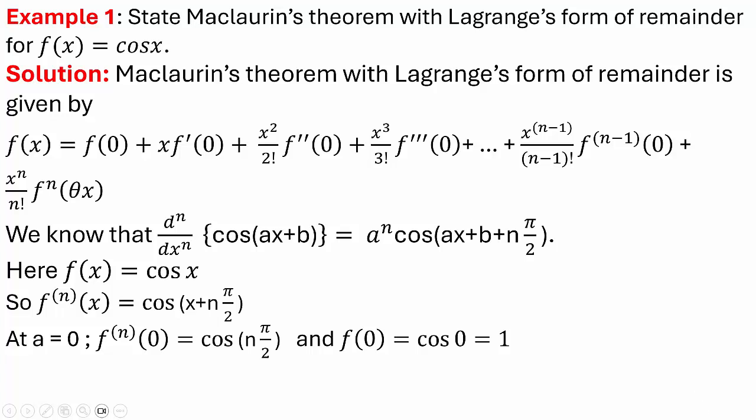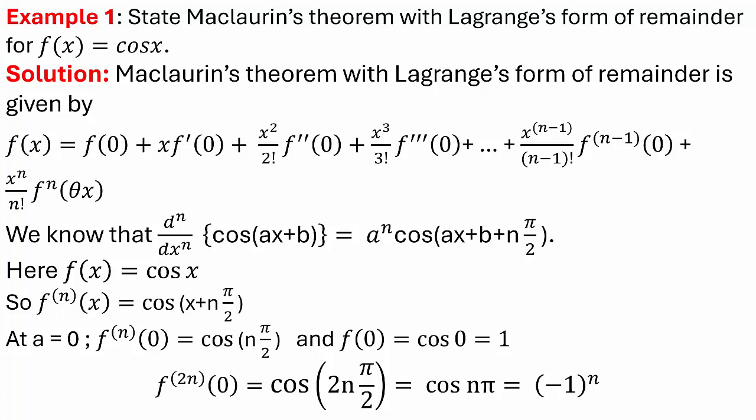And f(0) equal to cos 0, which is nothing but 1. f^(2n)(0) equal to cos(2n pi by 2), equal to cos(n pi), and cos(n pi) becomes (minus 1) raised to n. f^(2n plus 1)(0), that means the odd terms, is cos((2n plus 1) pi by 2), which is 0.